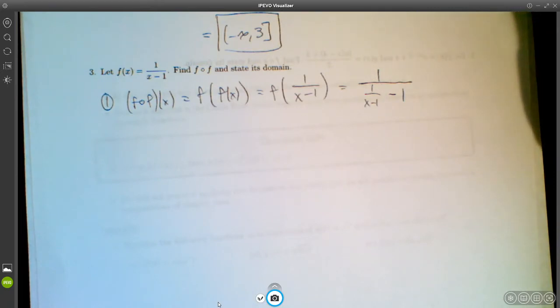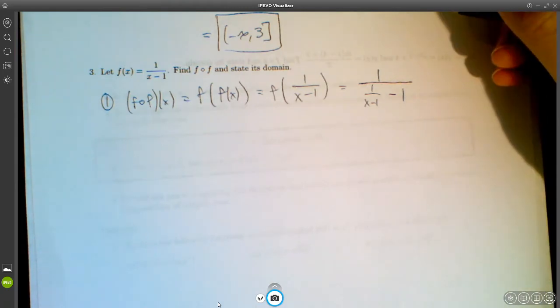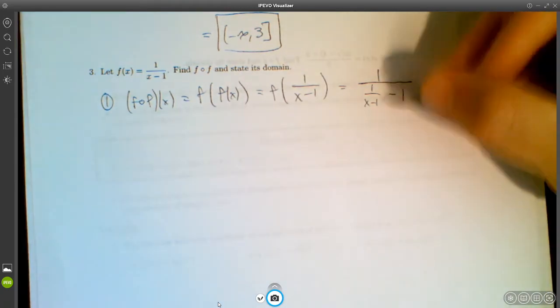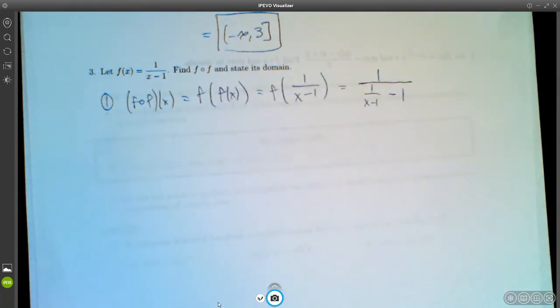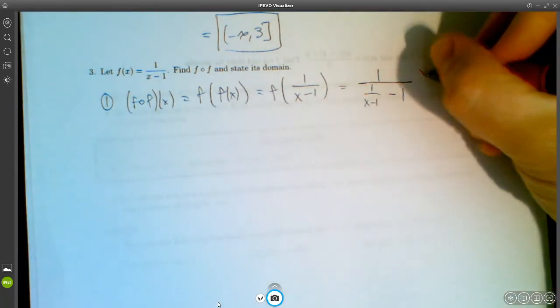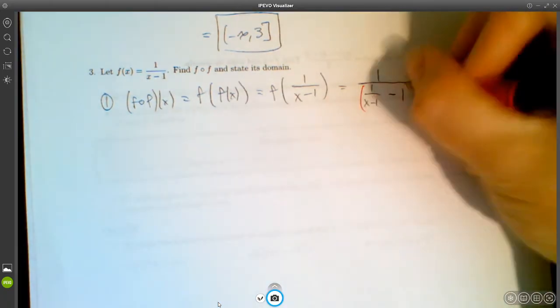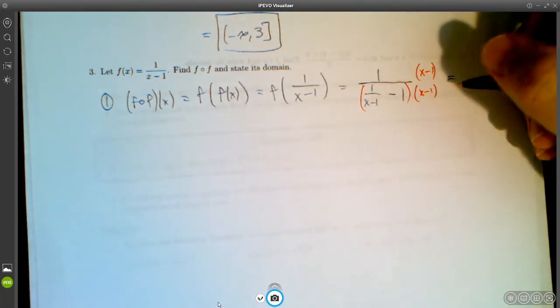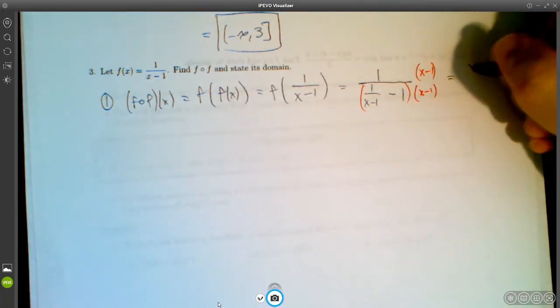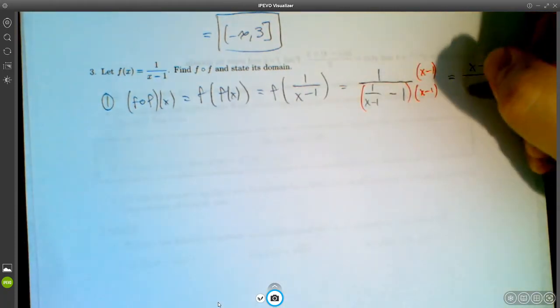Okay, so it's kind of trippy when you are plugging a function into itself. Anyway, this is a complex fraction, so I'm going to multiply by the LCD, which in this case is x minus 1, in order to clear that complex fraction. We get x minus 1 over, if I distribute here, the x minus 1s will cancel and leave 1.